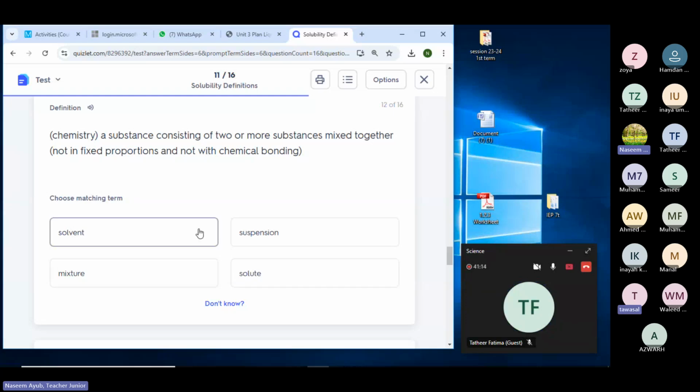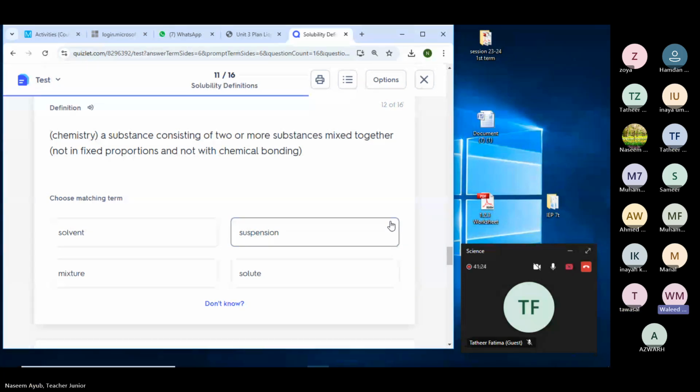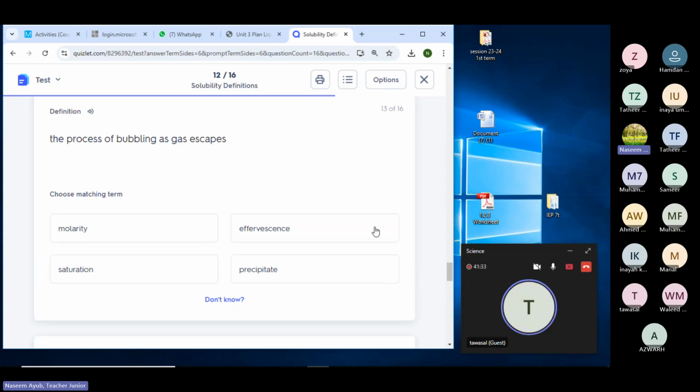Yes, aqueous. A substance consisting of two or more substances mixed together, not in fixed proportions and not with chemical bonding: suspension. Yes, suspension.